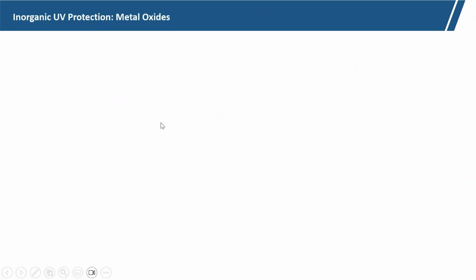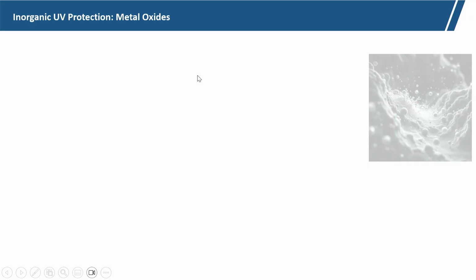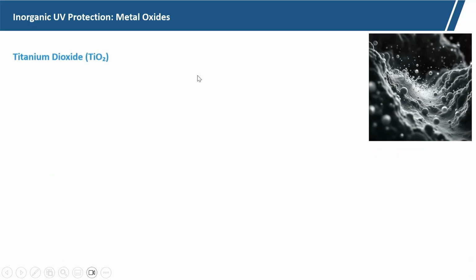Now, the inorganic UV protection chemicals. Mainly metal oxides are used, like titanium dioxide, which is commonly used as a UV absorber.